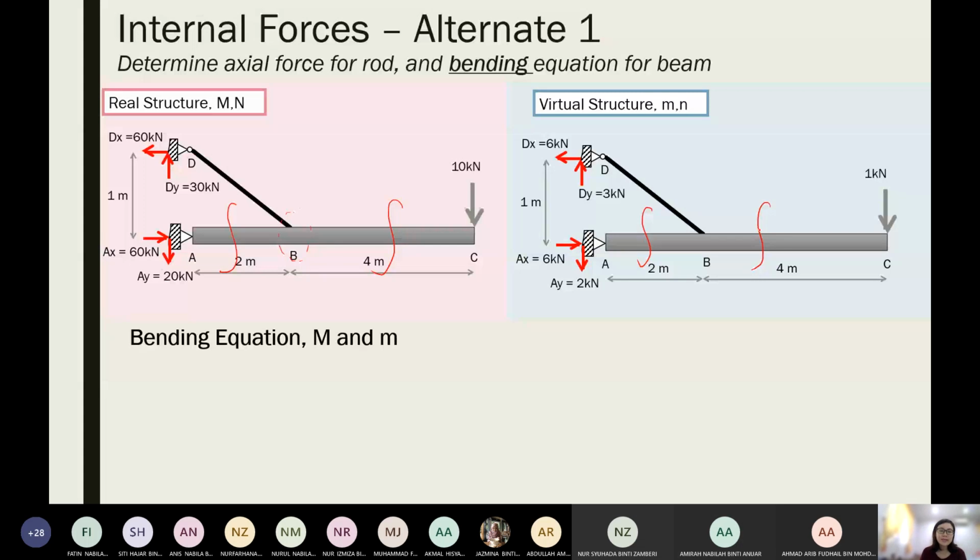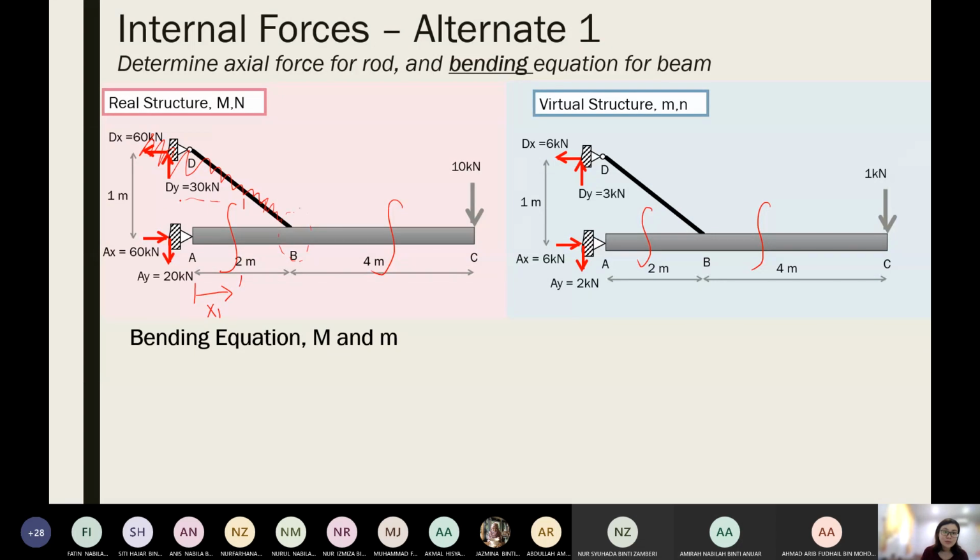Then you need to decide for this section 1 whether you want to consider the left part or the right part. Since you already determined the support reaction, you might want to start from here, x1. You actually do not need to look at this part at all, because this is not in your system.